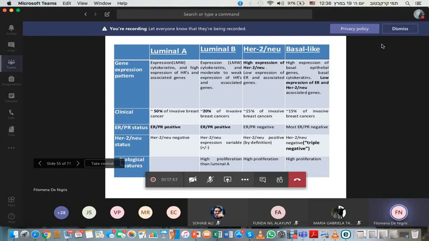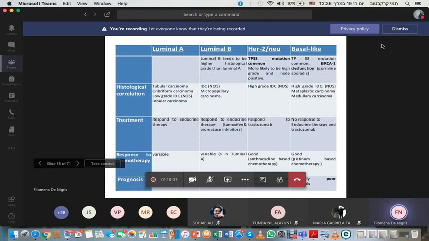The patients with triple negative breast cancer have a high rate of proliferation. Which kind of treatment can we offer to these patients? Breast cancer offers several opportunities, and is highly investigated.